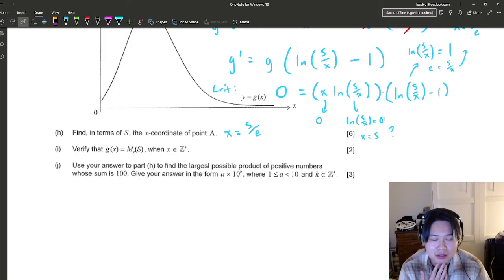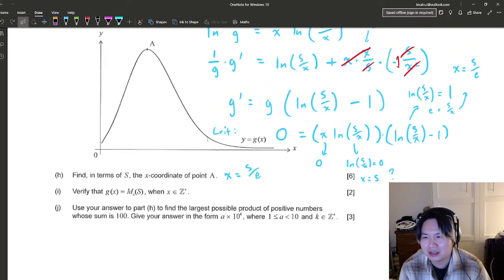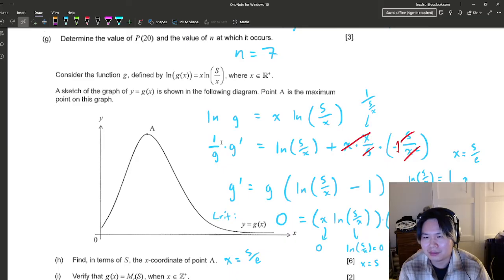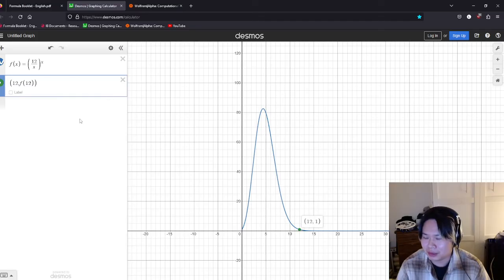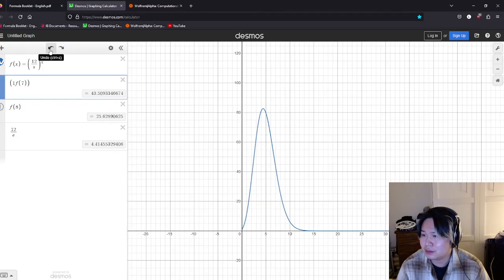E to the power 0 is 1. So this needs to be 1. So x could be s? I have this one. This one is correct. I just double checked that here earlier.